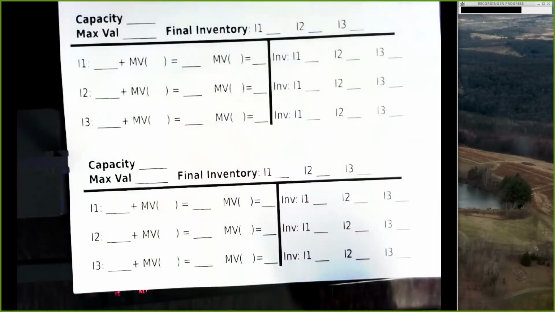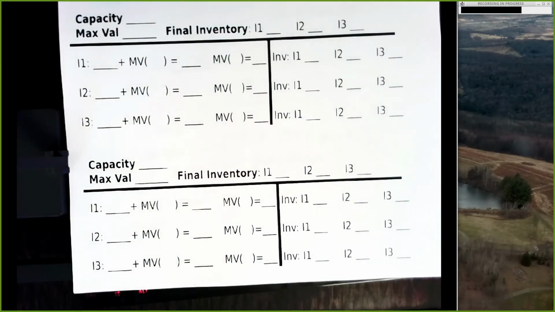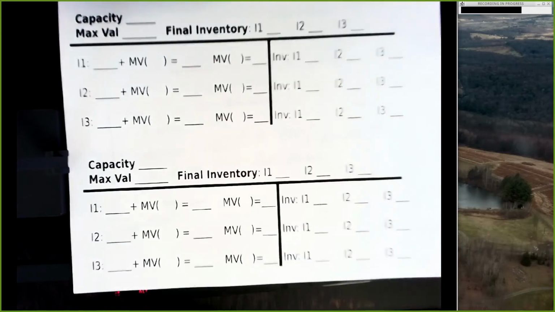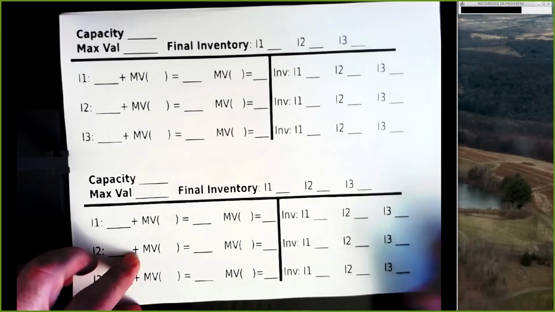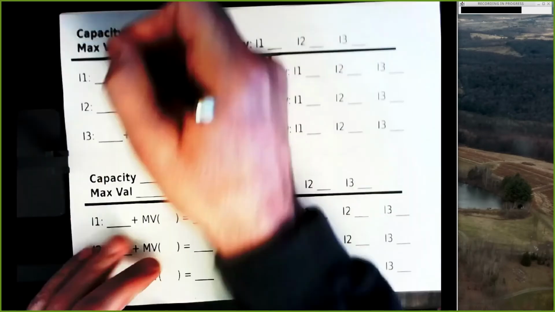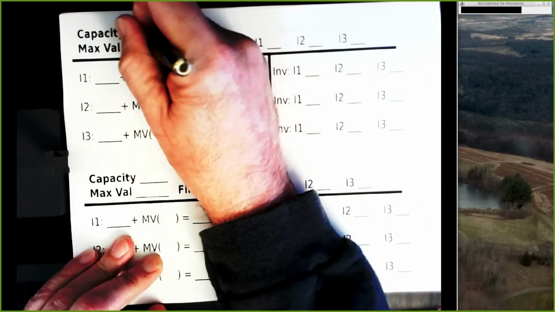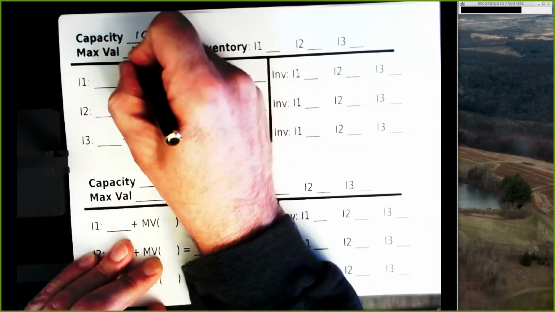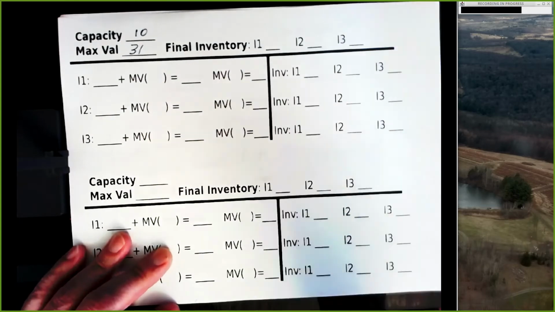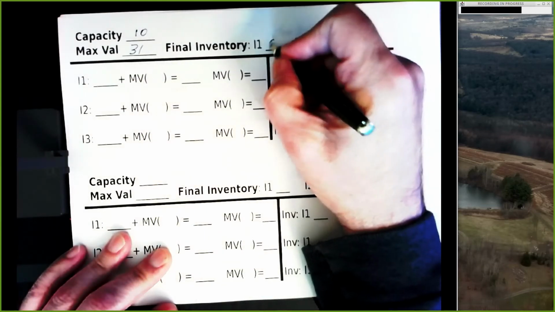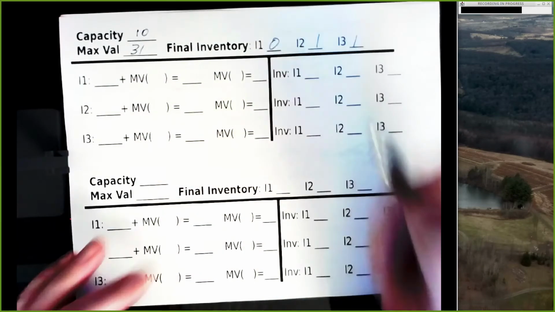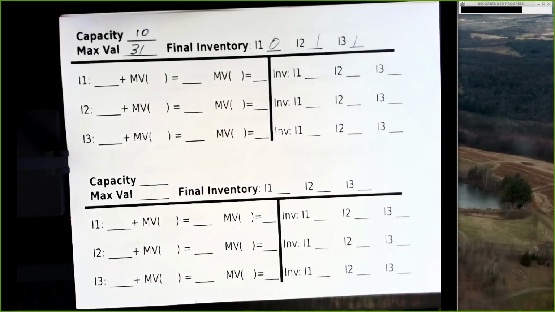I'm calling this inventory, or you can call it item counts or something like that. But we want to know, if I call MaxVal with 10, not only that the maximum value is 31, but I get that by using one of item 2 and one of item 3, for example.